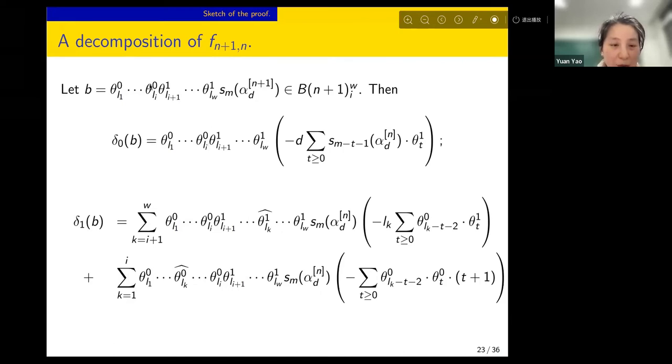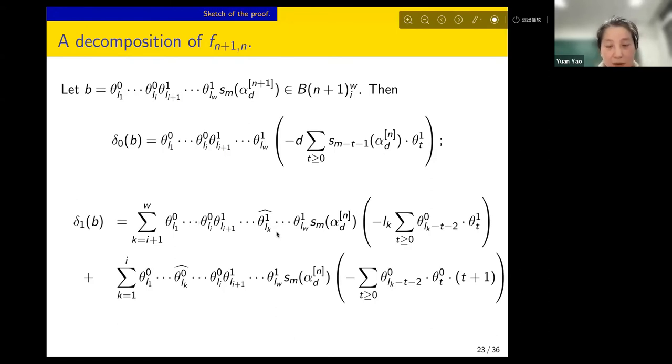We look at this upper index. You add one theta 0, you erase one theta 1, but here you add one theta 1 back, right? So the number of theta 1 remains constant, but the number of theta 0s increases by 1.